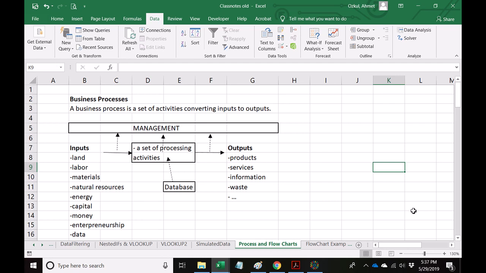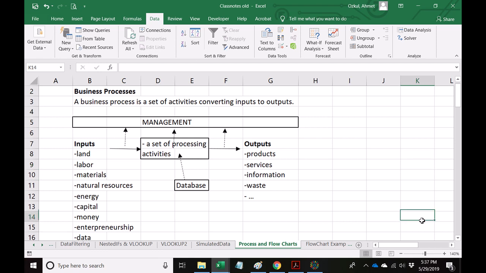So basically this chapter talks about processes, a business process. As you can see on the screen, I have a drawing explaining a typical business process. A business process is a set of activities converting inputs to outputs.